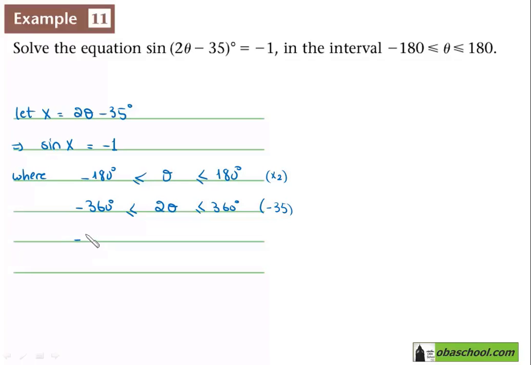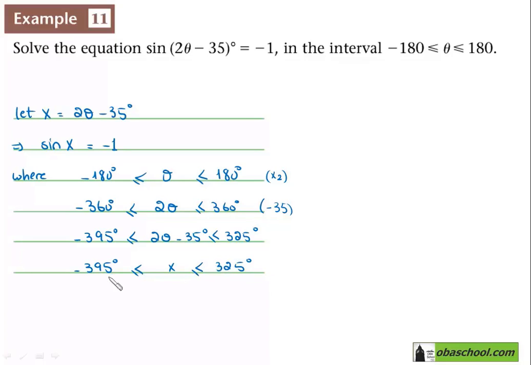So we will have minus 395 degrees less than 2 theta minus 35 degrees less than 325 degrees. So the range for x is between minus 395 degrees and 325 degrees. This is the range for the new angle.